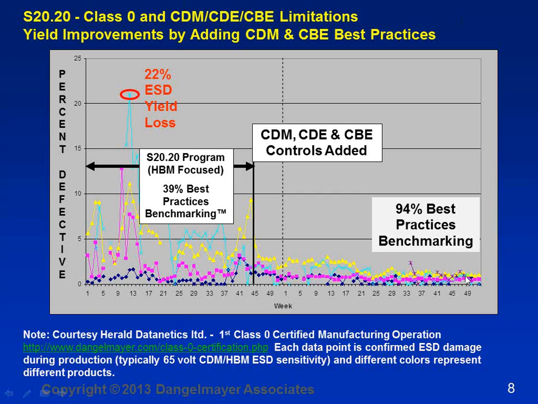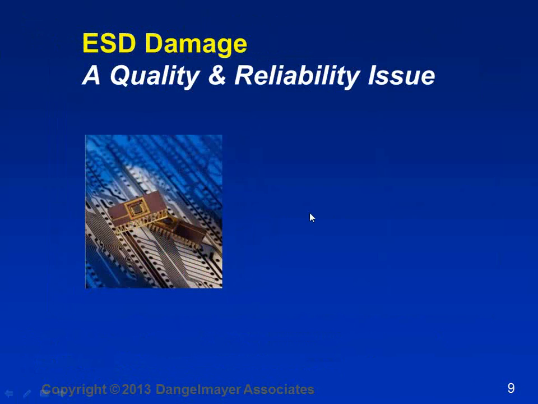The devices today are class 000 sensitive with the same high level of yield. So these countermeasures added to 20.20 give you a very robust program capable of handling extreme class 000 device sensitivities.